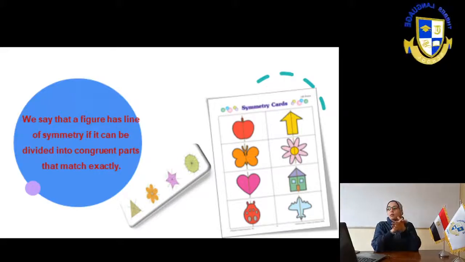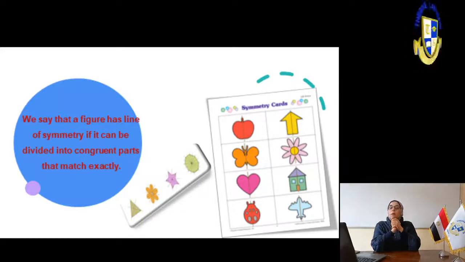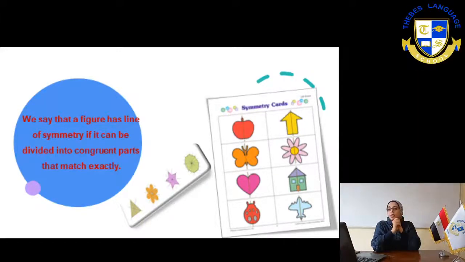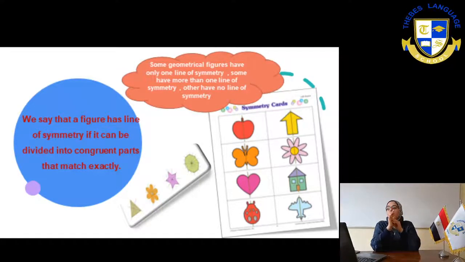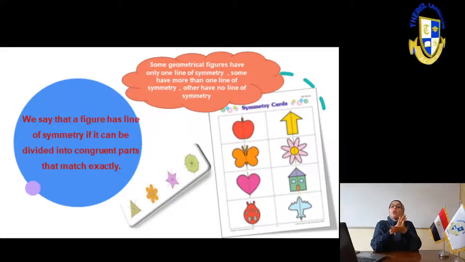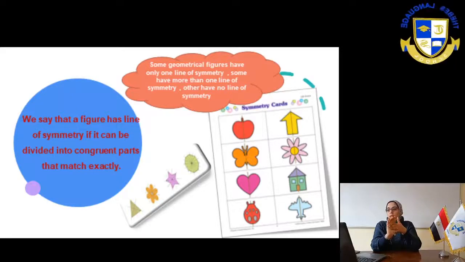Some geometrical figures have only one line of symmetry, some have more than one, and others have no line of symmetry.